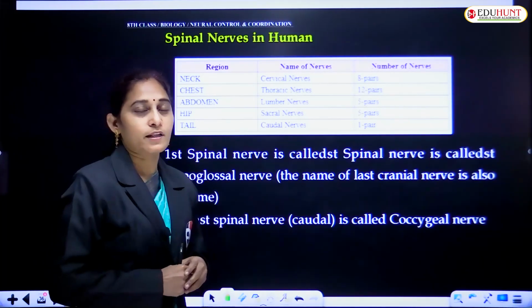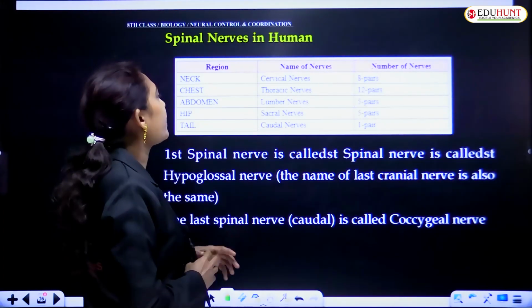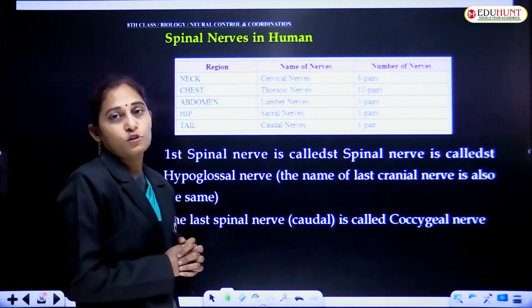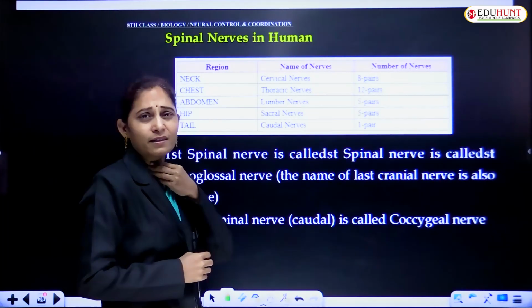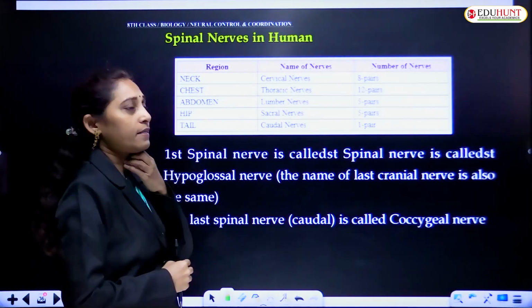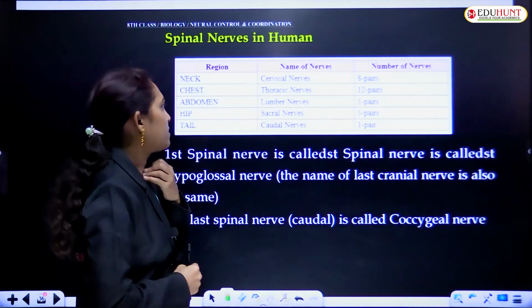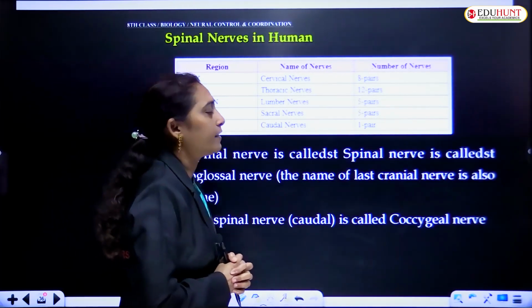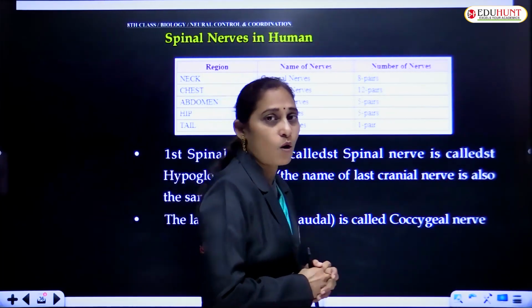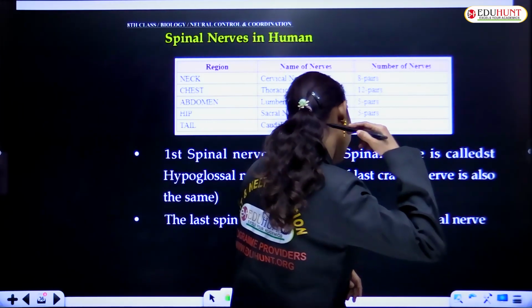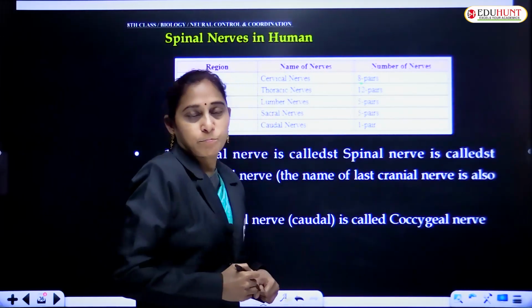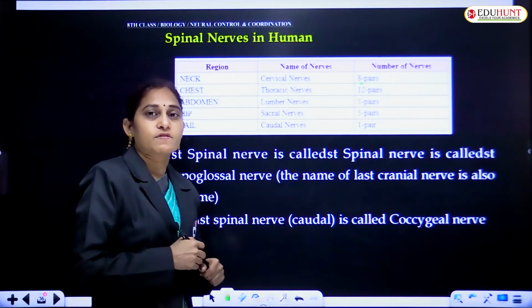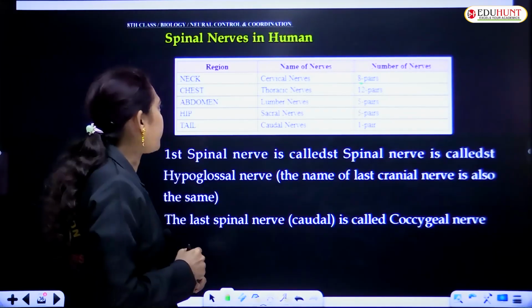The first part of the spinal cord is the neck part, which consists of cervical nerves. We have 8 pairs of cervical nerves in the neck region.